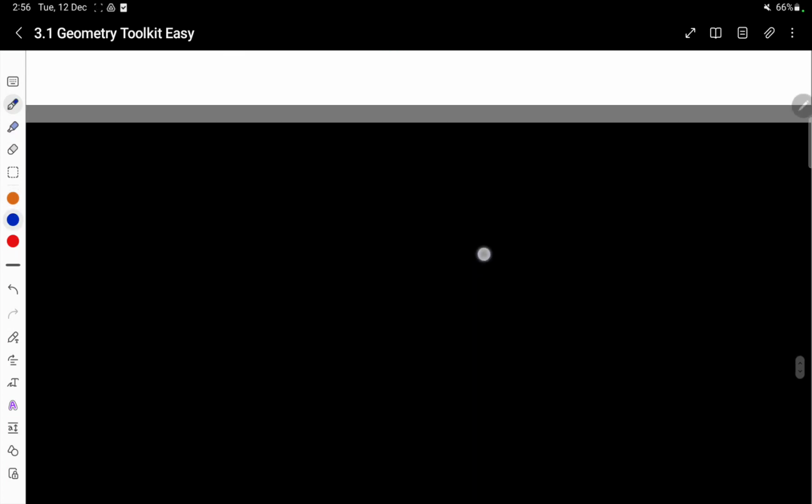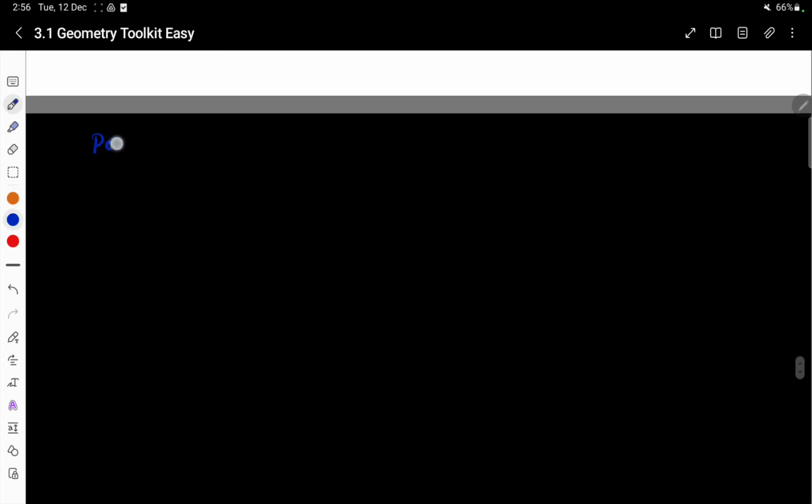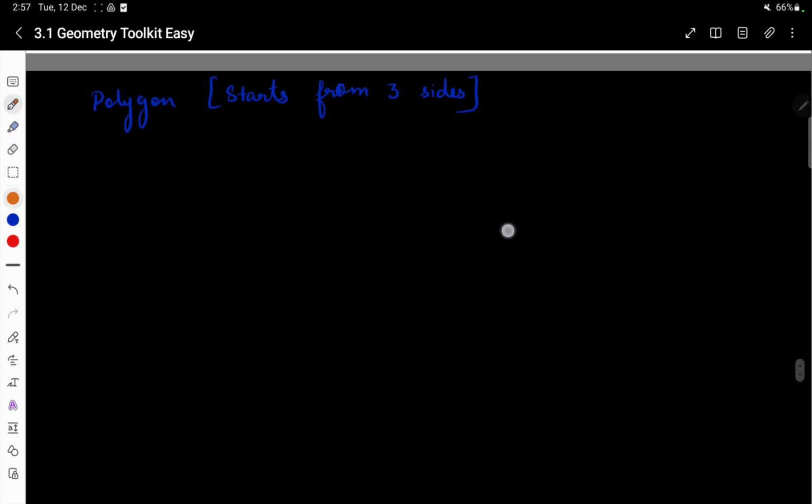And you know the names of the shapes by their sides. Any polygon starts from 3 sides, because if you have 3 sides then only you can close the shape. Suppose you have 2 sides, it is not closed. So it starts from 3 sides, which means it starts from the triangle.